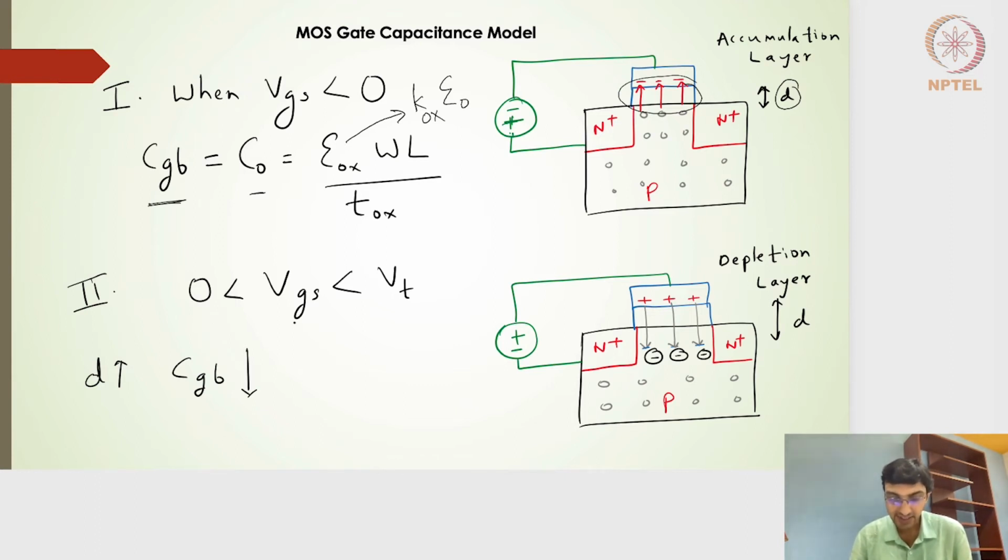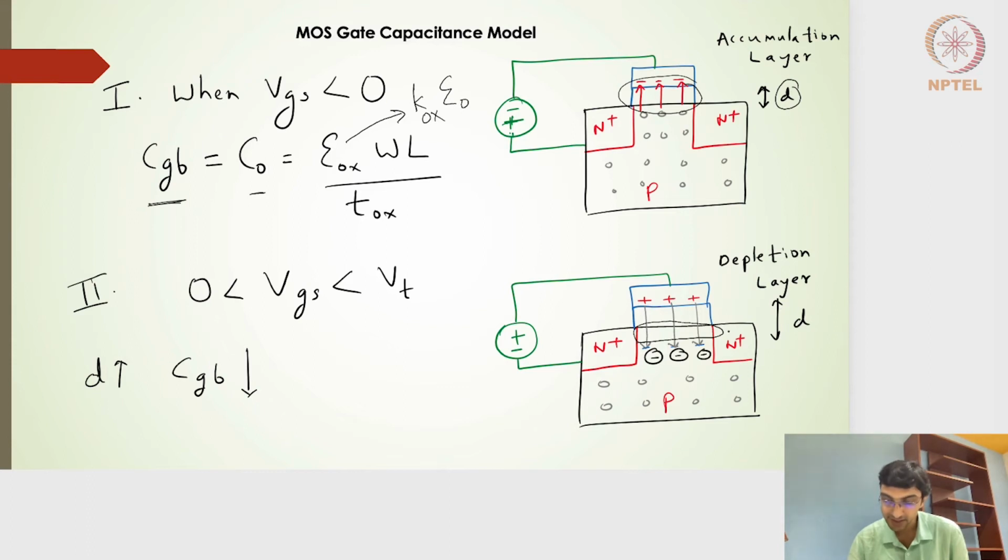Now the second condition is where the VGS is positive, it is not negative anymore. If it is positive and less than VT, we know that it will enter into the depletion region. The depletion region represents that this positive potential is going to move away the holes, and thereby this region is going to be vacant.